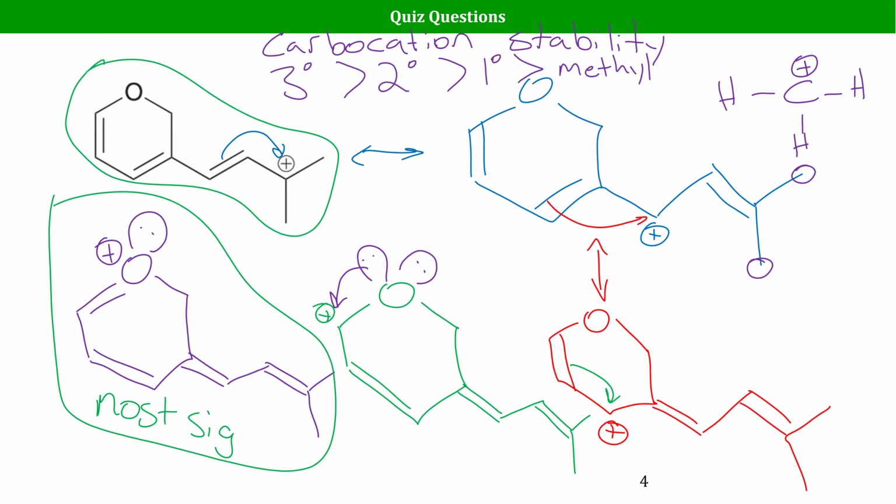I would usually classify green as being about the same stability here, but if we're really splitting hairs, putting a positive charge that close to a pair of lone pairs is going to be a little bit less stable, because it's going to immediately try to shift over to this. If it is all simultaneous, but in general, this is going to be a smaller contributor than the rest of them, just because it's so close to this.